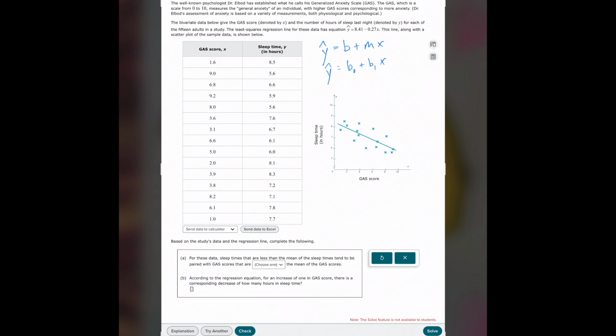So what are we starting with here? Let's just start with our y-intercept. Does anybody remember algebraically how you find the y-intercept?